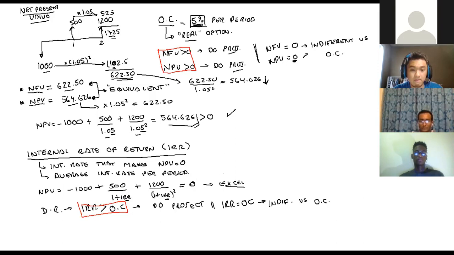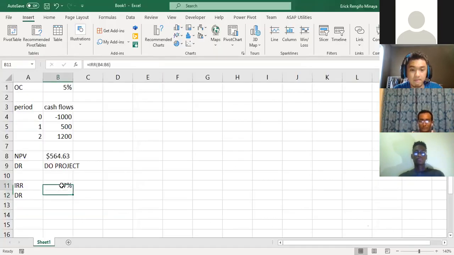Okay, sure. Now, what is the idea of this 37%, guys? Your project produces 37% versus what? Versus the 5%. 5% is your second best, and 37% is produced by this project. Which one do you like more? Which one produces more money? Yeah, 37%, obviously. Do you agree? So if you have two projects, one offers you 5% and the other one offers you 37%, obviously you're going to take the 37%.